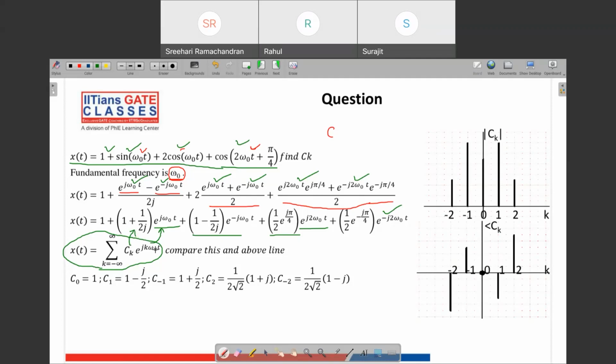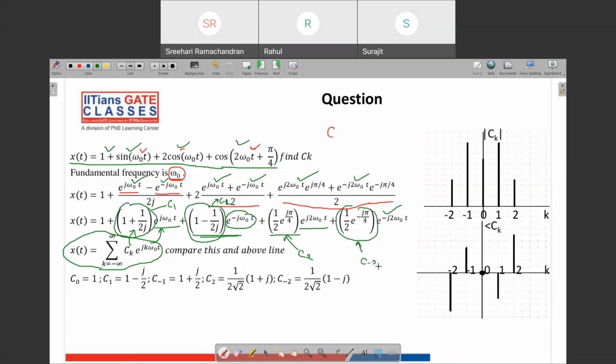When you again compare, you will get, when you put k equal to minus 1 here, the term which is the multiplication of this exponential is c of minus 1. So this term is c of 1, this term is c of minus 1. Similarly this term is c of 2 and this term is c of minus 2.